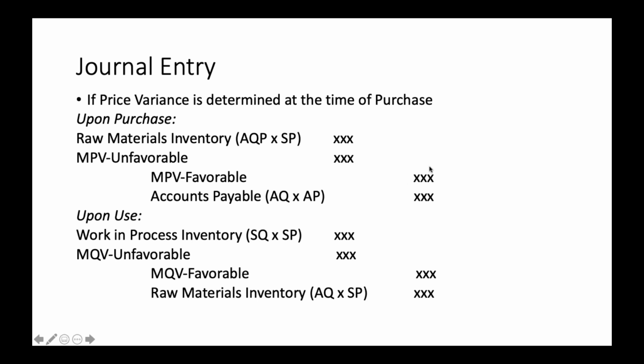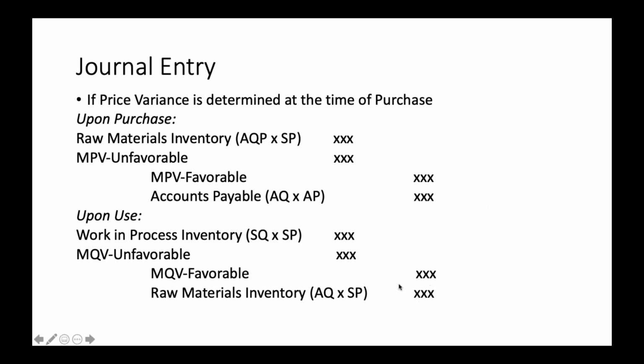Okay, now just remember that the accounts payable is credited at the actual price on the actual quantity, while the raw materials inventory is debited at the actual quantity purchased at standard price. Now, when we use these raw materials in production, upon use, the raw materials inventory to be credited is at the actual quantity at the standard price.